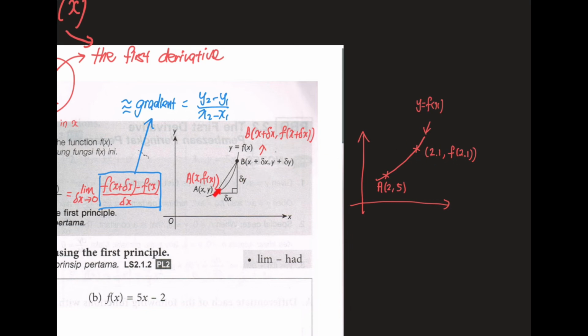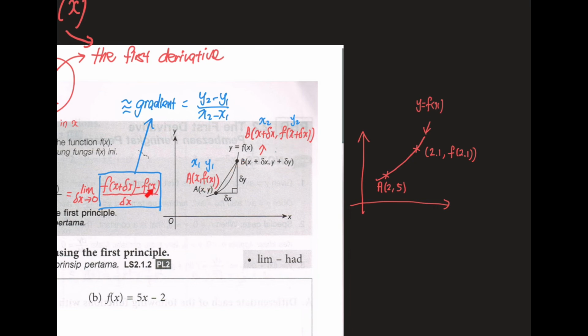Okay, so now you have 2 points, point A and point B. So this is x1, y1, this is x2, y2. I use gradient. Based on the gradient formula, y2 minus y1, so this one minus this one.